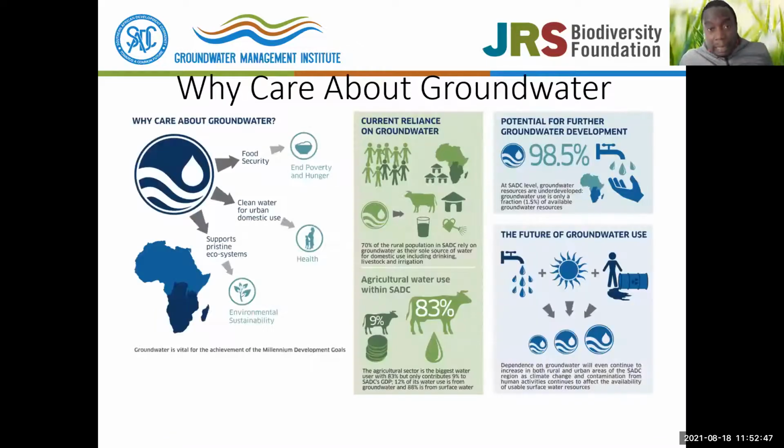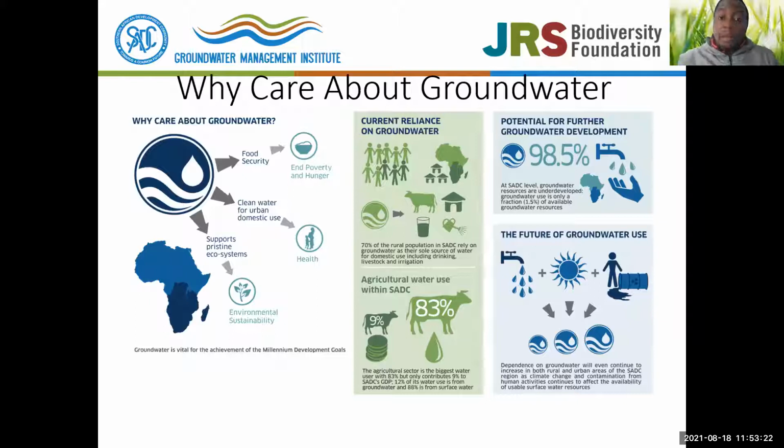Why we care about groundwater, I think James managed to highlight why these systems are really important. And I think James also had a similar slide to this one. Hence, I won't go into much detail, but it is important to highlight that these systems play an important role in our everyday lives, and especially in the communities within the Khakhea Bray transboundary aquifer.